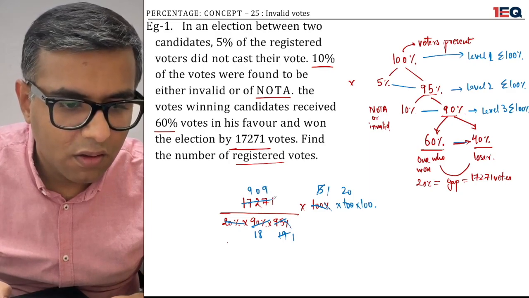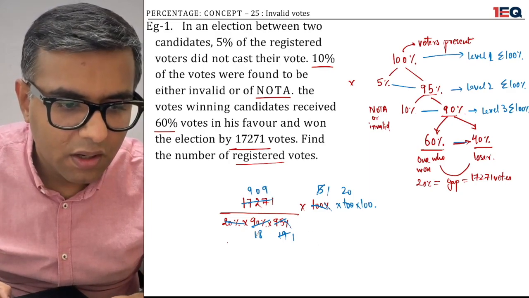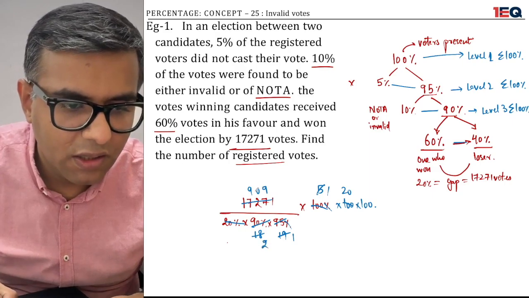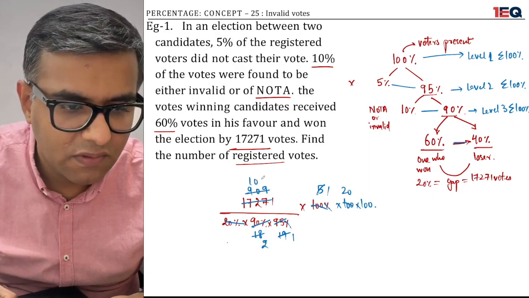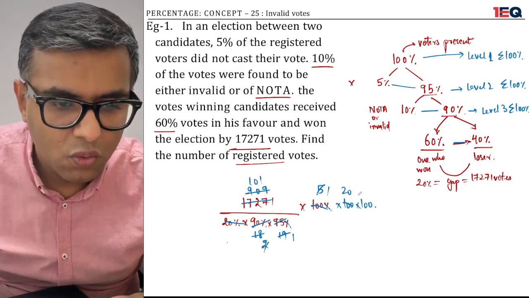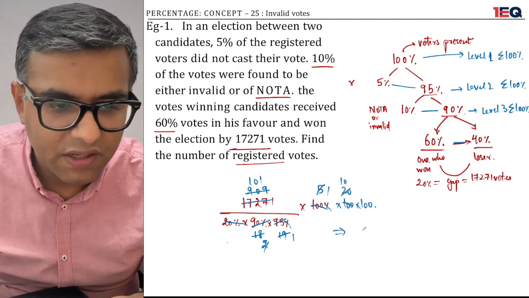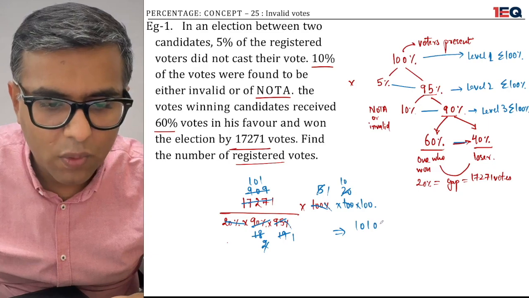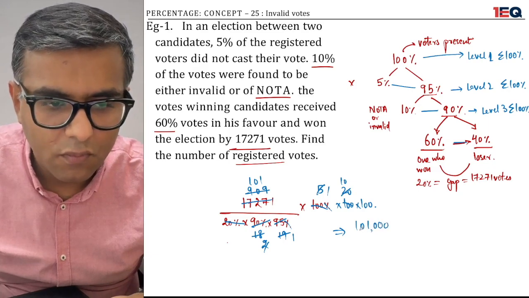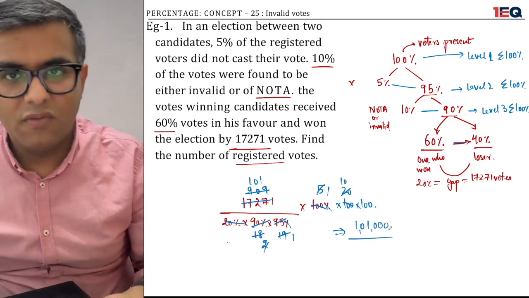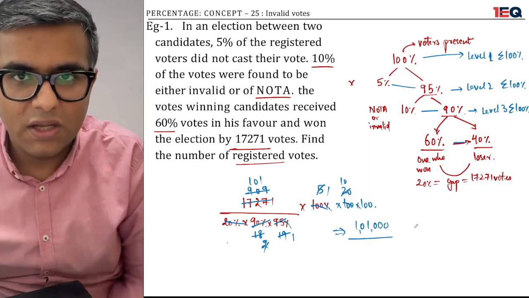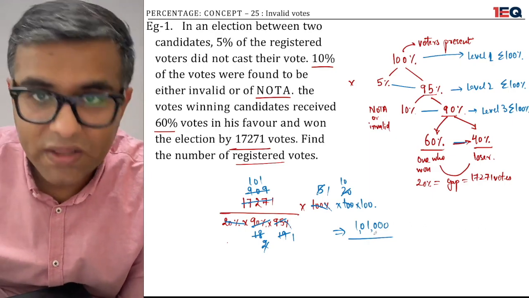Again 9 twos are 18, 9 ones are 9, 9 zeros are 0. And we have three zeros behind 101. So the total number of voters comes out to be 101,000 or 1 lakh 1,000.